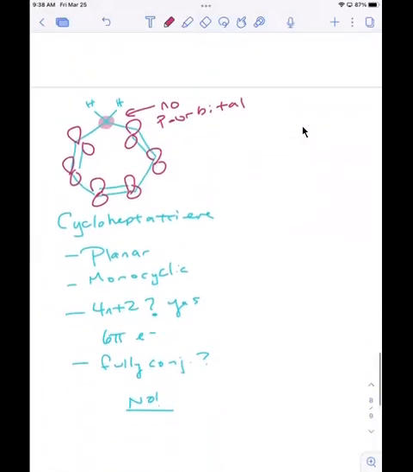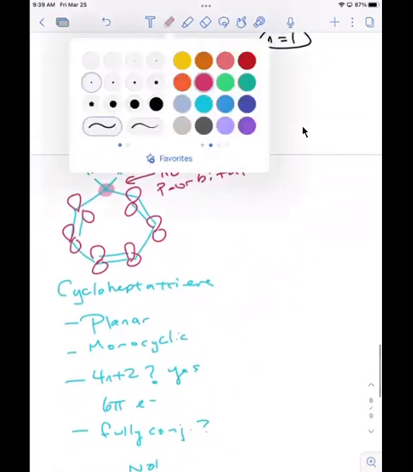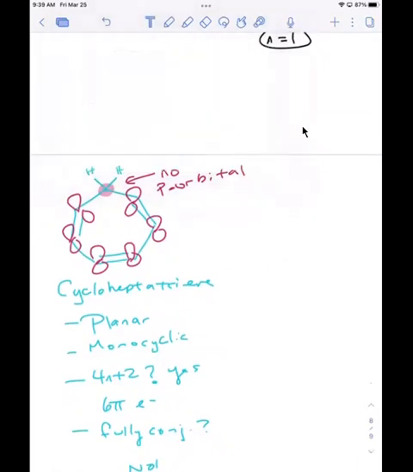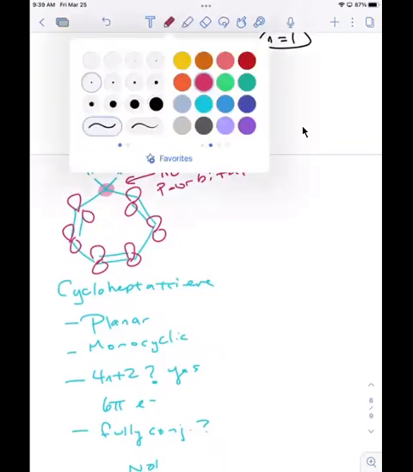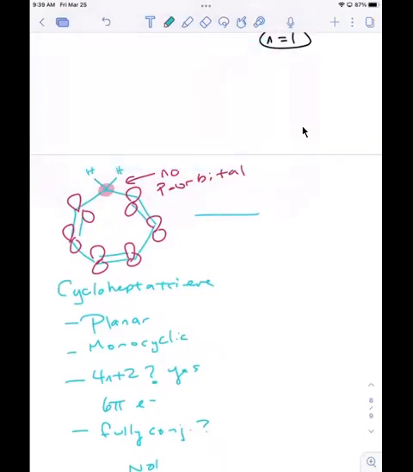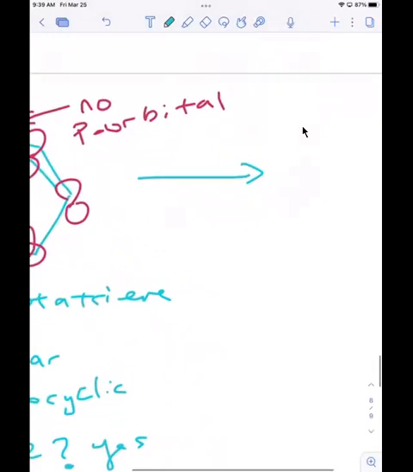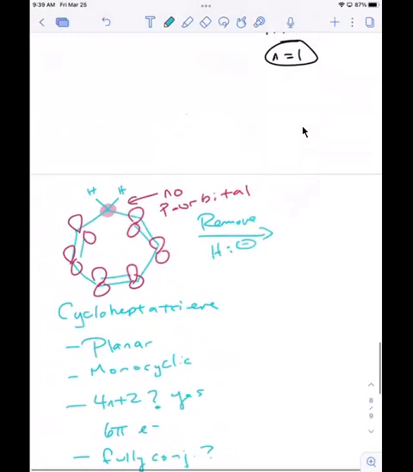Right, so it's not fully conjugated. There's not a p orbital on every carbon. But we can fix that. If we take this and remove a hydride, right, so H minus, we get rid of H minus, right?